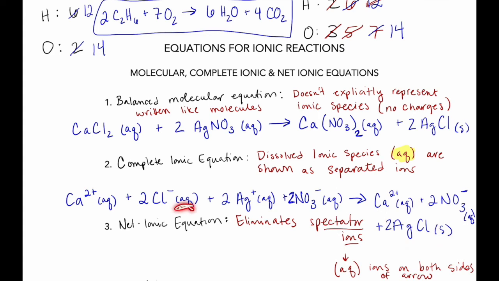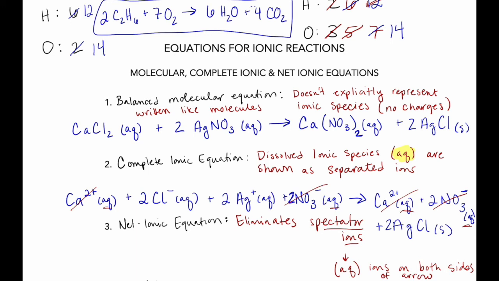It's a part of this solid compound. The chloride also is aqueous here, but part of this solid compound. So the chloride and the silver are involved in the reaction, but the calcium is aqueous on both sides, and the nitrate is aqueous on both sides.